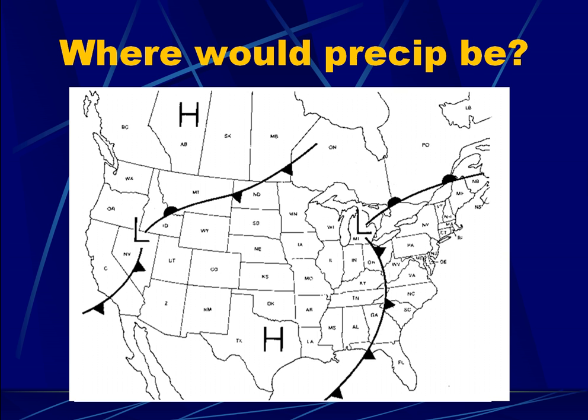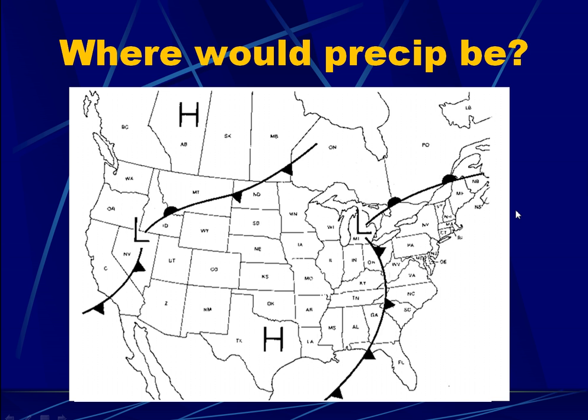To see this in action, look at this map. H is high pressure, L's are low pressure. We have a cold front here, see the points, and it is headed southeast. A warm front heading northwest. A cold front headed southeast. A warm front heading northwest. A cold front headed east.